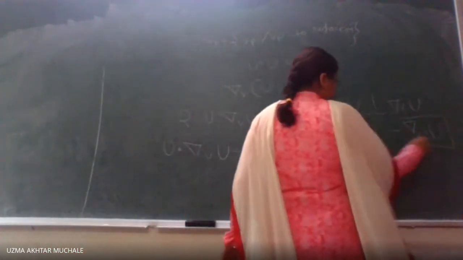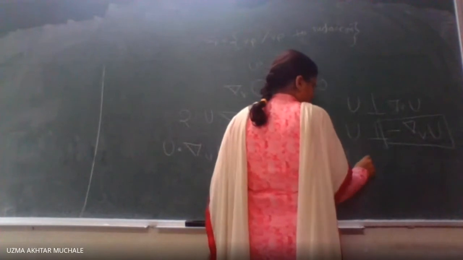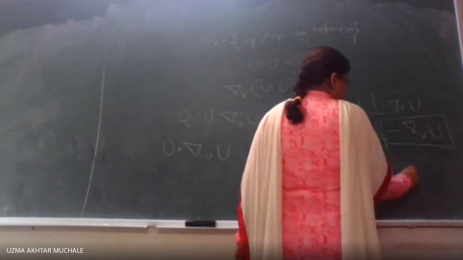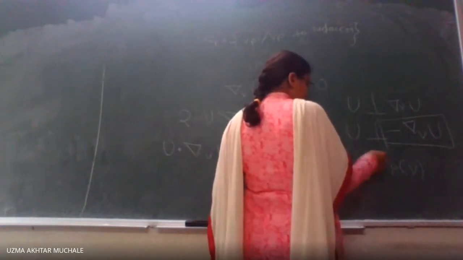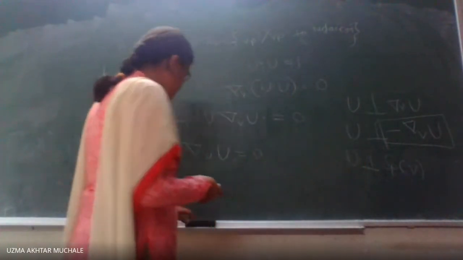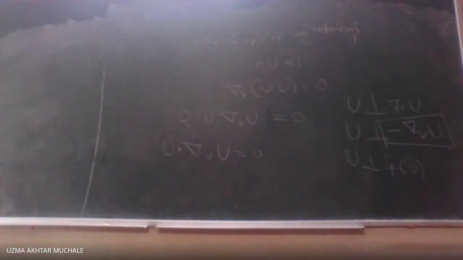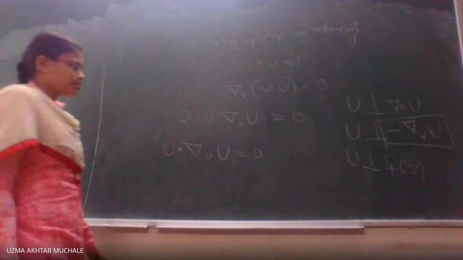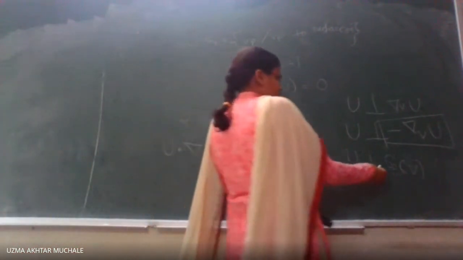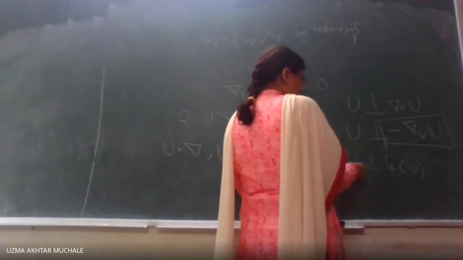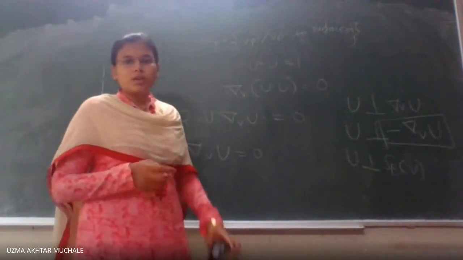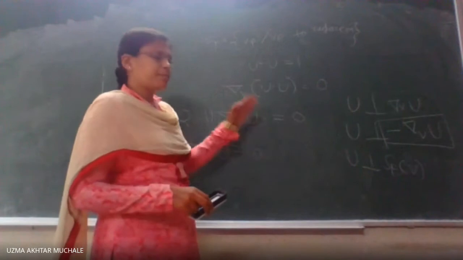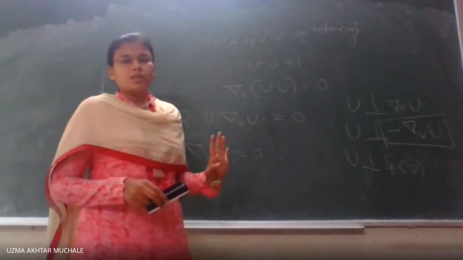What is the value of this? From the definition, u bar is perpendicular to SPV. So what should be the range? Here we have shown that the shape operator's output is perpendicular to u bar. What is u bar? U bar is the collection of unit normals. Normal means perpendicular to our tangent plane.